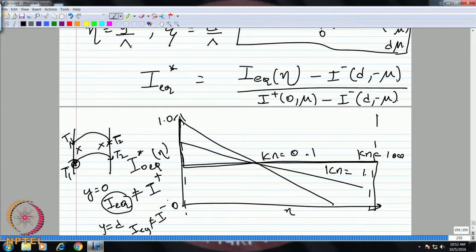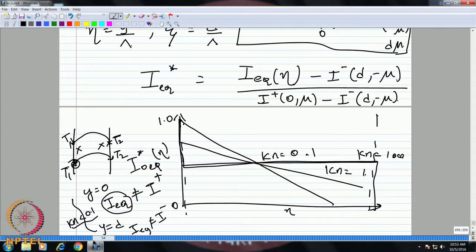If this were the same, then what will happen? This is the case where your Knudsen number is less than 0.1, which is equivalent to Fourier's law. Everything is at local equilibrium, so there is no temperature jump.